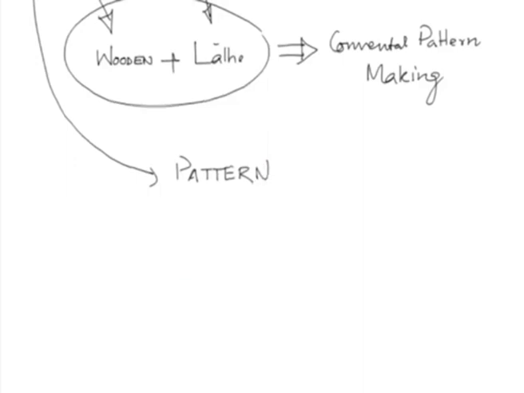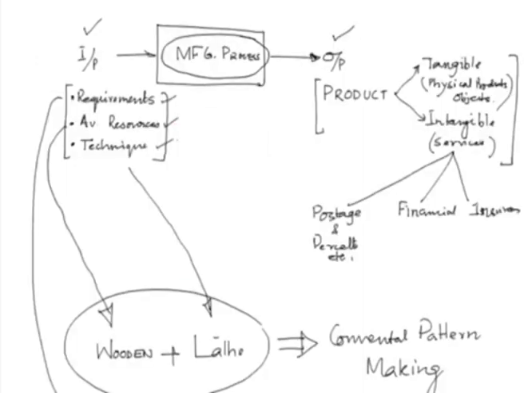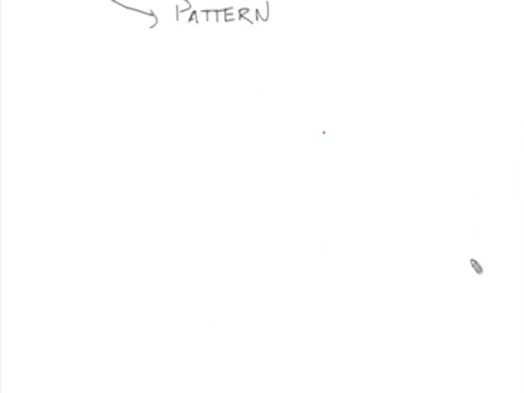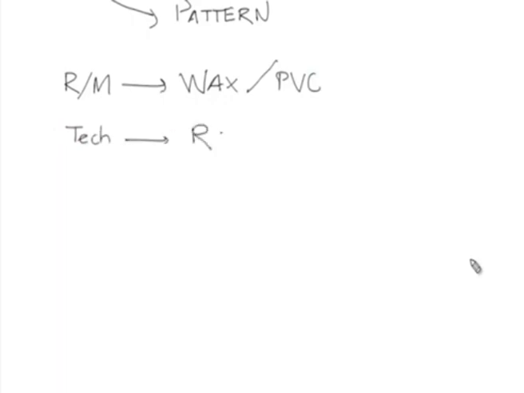However, in the same situation, say as a raw material I have wax or some other material, say PVC, and the technique available is a rapid prototyping technique, or the machine I am having is the rapid prototyping machine.